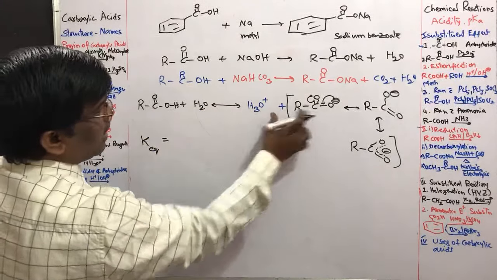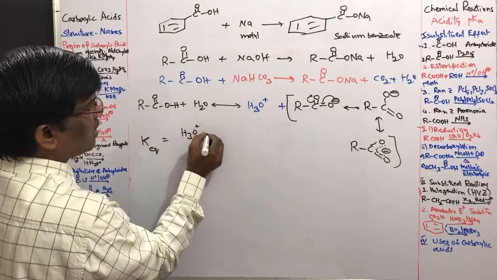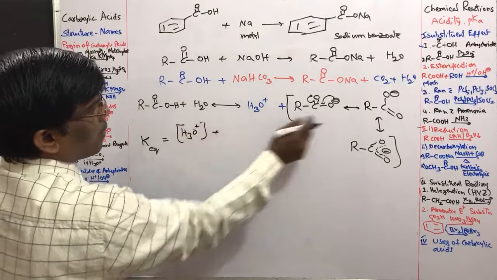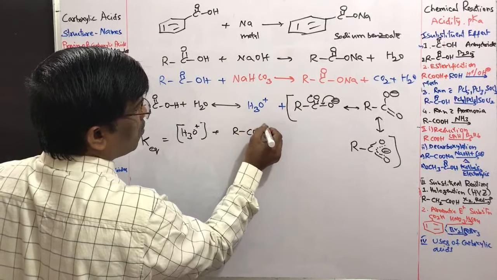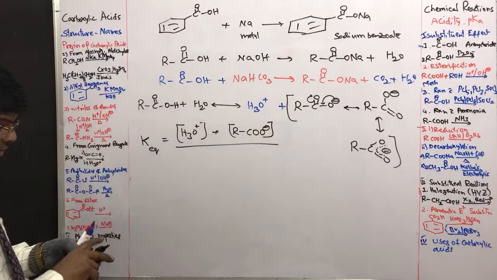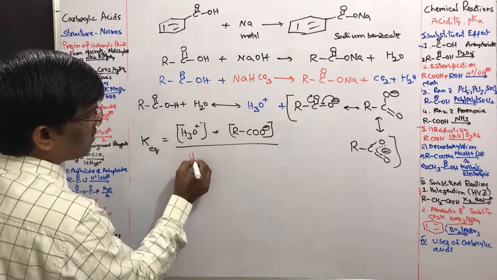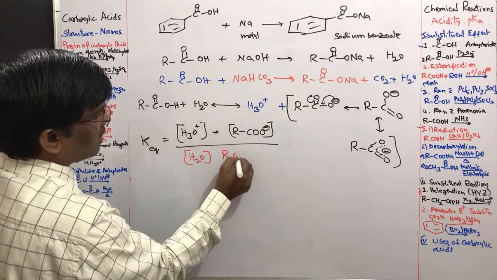It is nothing but H3O plus times RCOO minus, the products, divided by the reactants. What are the reactants? Water and carboxylic acid.